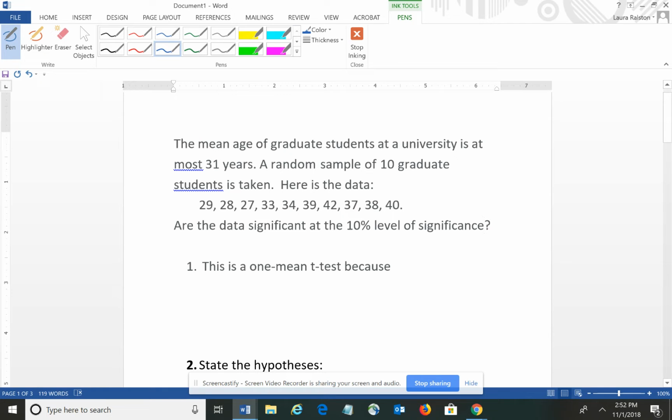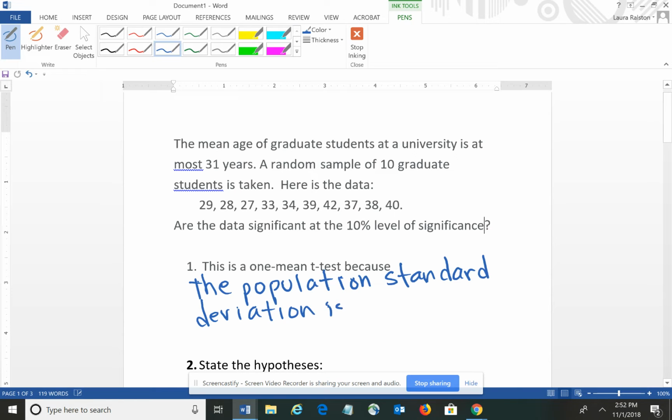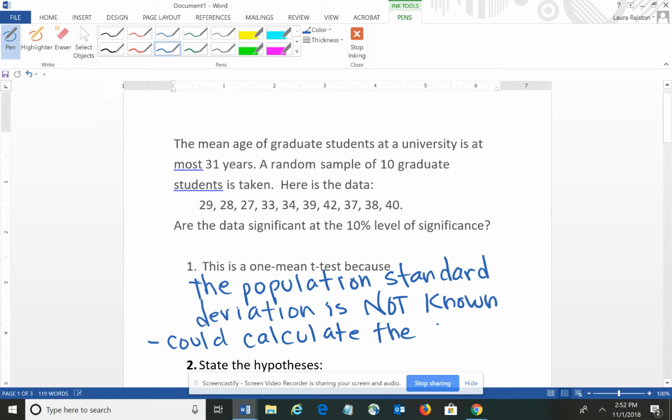So this is a one mean t-test because the population standard deviation is not known or not given. And in this case, we could calculate the sample standard deviation if we need it in the problem.